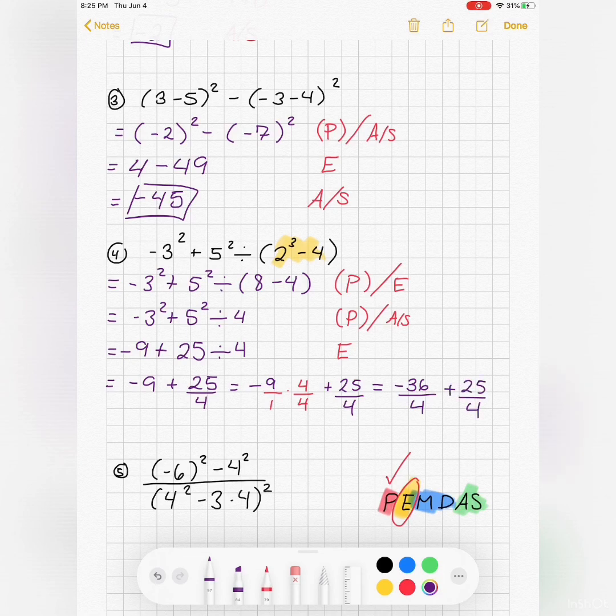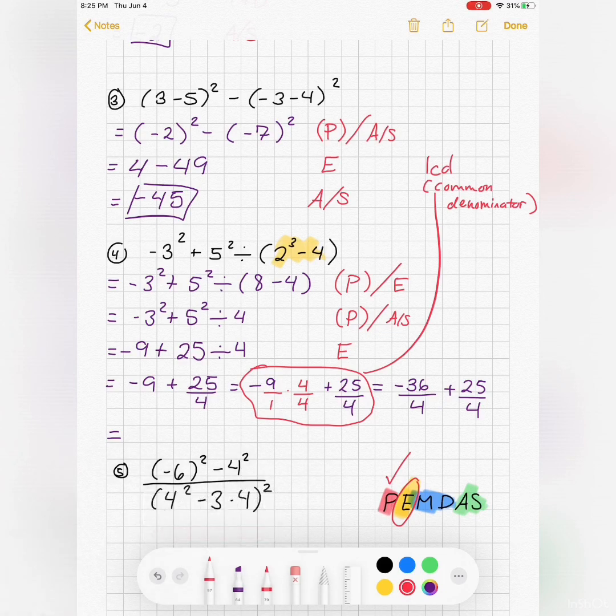Okay, now that I have a common denominator, so let's see, what did I do in this step? What I did here is I just found an LCD, least common denominator. And we'll do more examples like that later. But that's a little mini refresher. Okay, now I can actually do the addition.